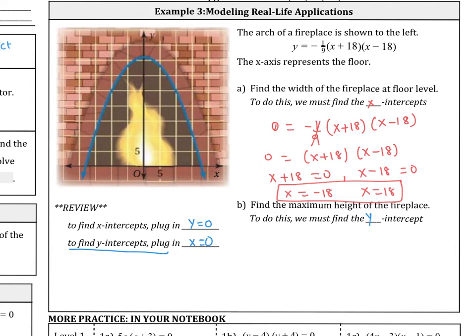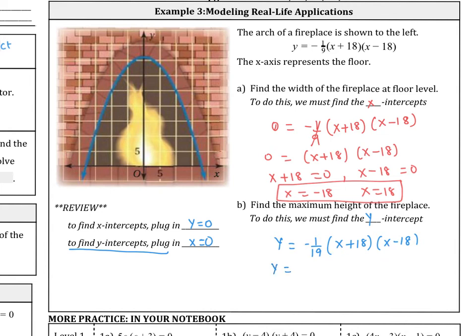So the equation we have here is y equals negative 1 over 19 times x plus 18 times x minus 18. Now we are going to look for the y-intercept. So to find the y-intercept, we're going to plug in x equals 0.